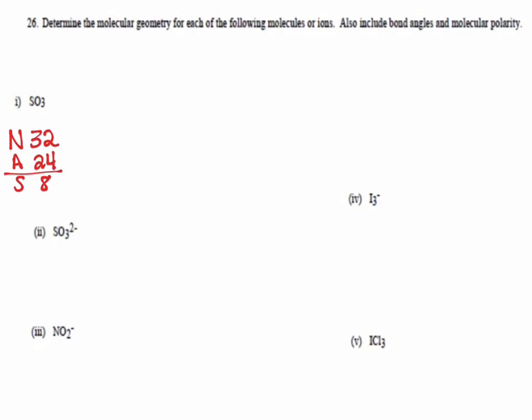So we share 8. So we'll have 4 bonds. So we have sulfur, our oxygens. One of them needs a double bond. So we have 2, 4, 6, 8, 18 and 4.